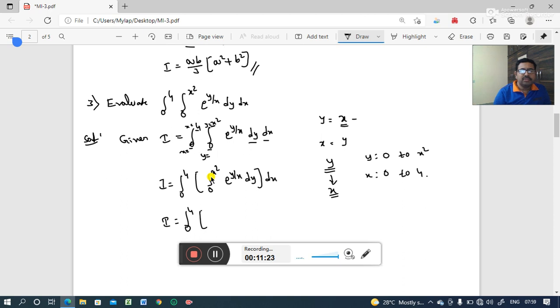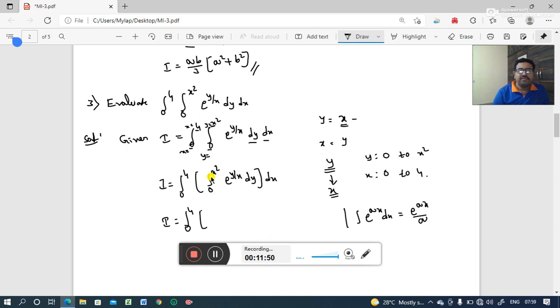If you integrate with respect to y, we are treating x terms as a constant. What is the integration of e power y by x? Here we are making use of the formula: integration of e power ax into dx gives e power ax divided by a, where a is the constant.